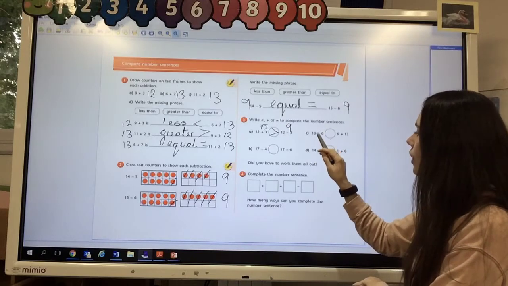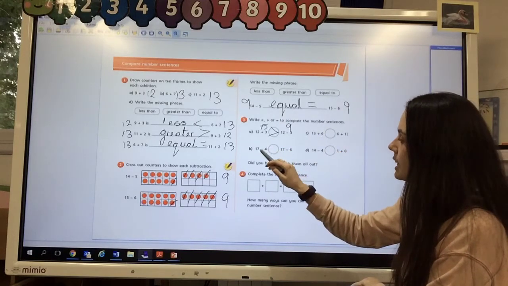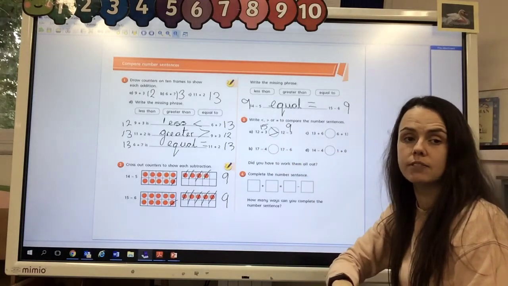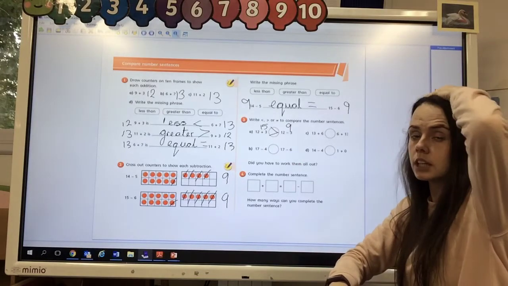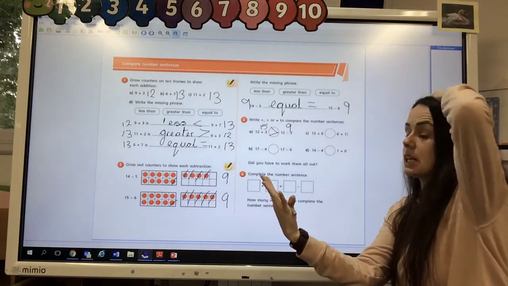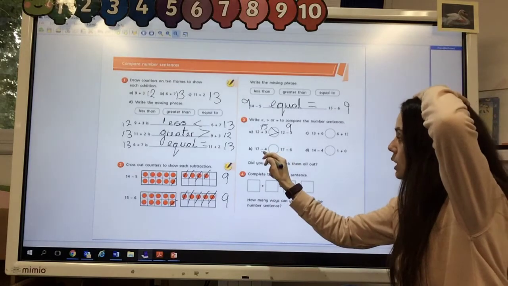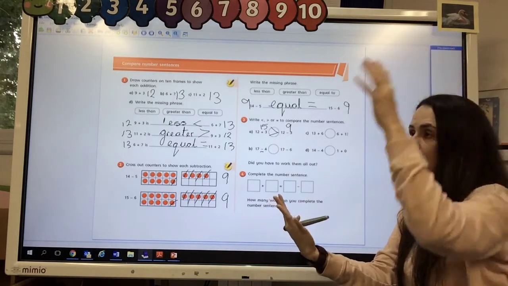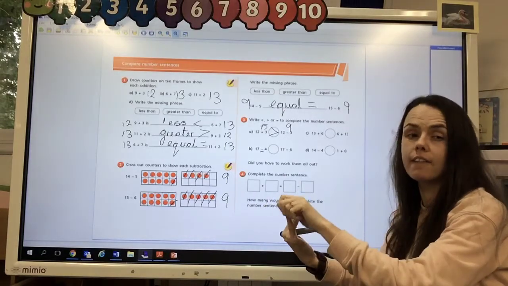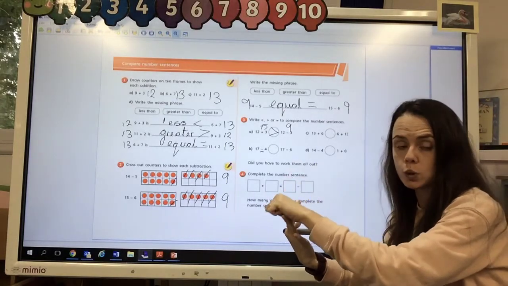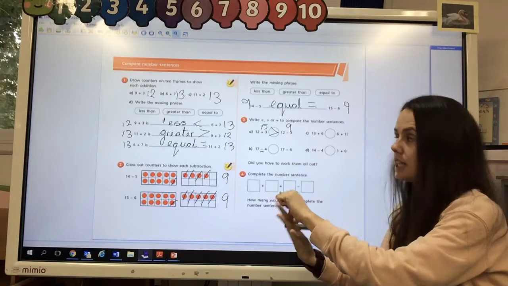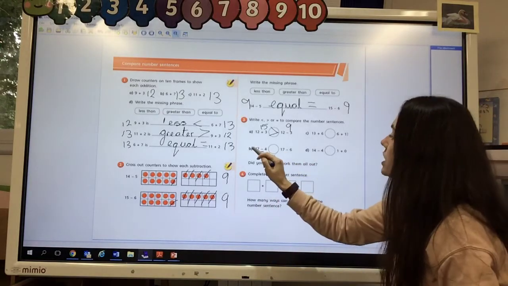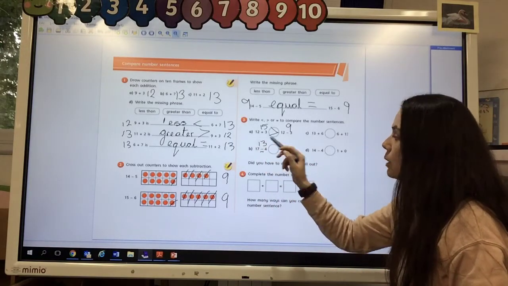Now, let's go down here, sorry. 17 take away 4. Put 17 in your head. Hold up 4 fingers. Now we're taking away, because there's a takeaway symbol here. So 17 take 4. 17, 16, 15, 14, 13. Well done. So the answer is 13. If you can't do it in your head and count backwards, that's fine.